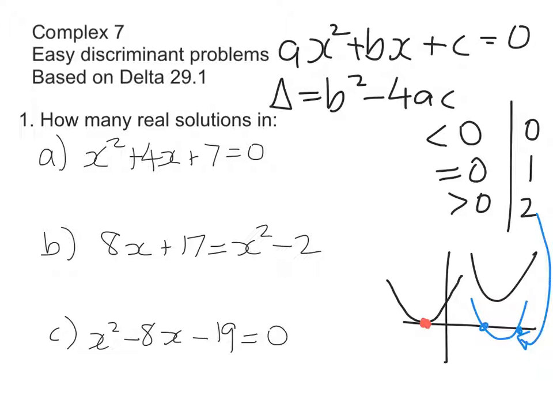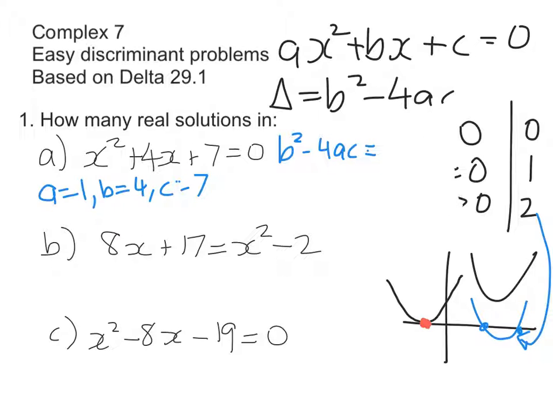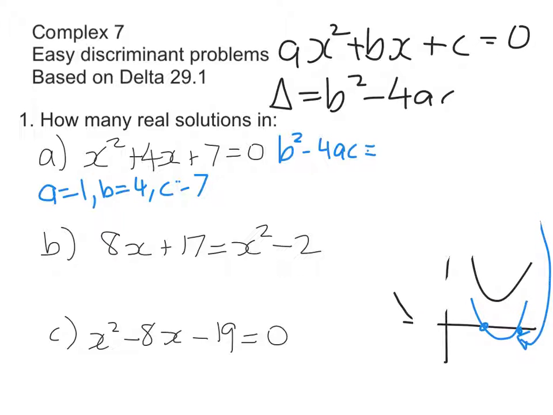So all we have to do for these three questions is work out the discriminant and decide which of the three cases it is. In this first one, we've got a equals 1, b equals 4, and c equals 7. So b squared minus 4ac is equal to, now let me just erase some of that stuff over there, that's better, get some room.